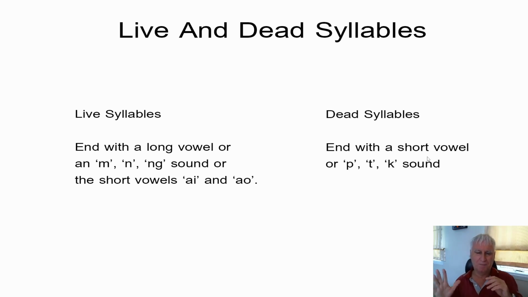If I use a long vowel, like the word to watch, to look, doo, I can continue voicing it. So that's a long vowel and a live syllable. Okay, so live syllables end with long vowels or M, N, NG sounds, or short i and ow. And the dead syllables end with a short vowel or P, T, K sounds that you can't continue voicing.